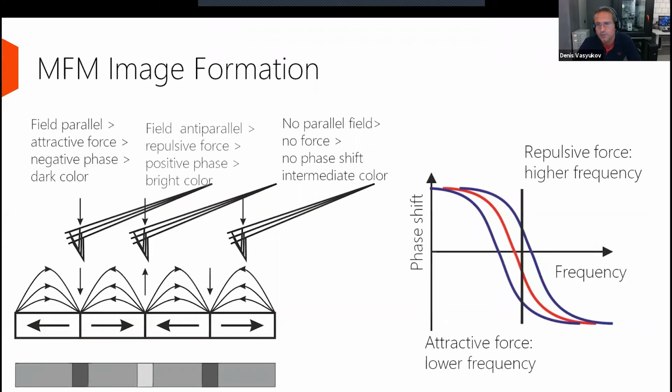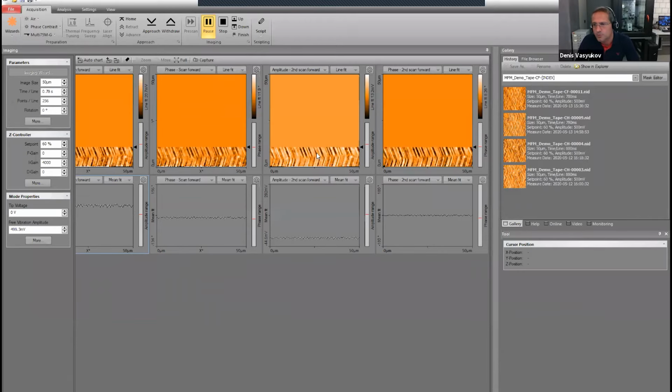And if you have a repulsive force, it means that the dipole in the tip and the local field are anti-parallel, facing each other. Then you have a higher frequency, and the phase is also higher, so that is displayed as a bright color in our software. So now if I go back to the scanning, you see there are darker and brighter colors. The darker means attractive forces and the brighter means repulsive forces.